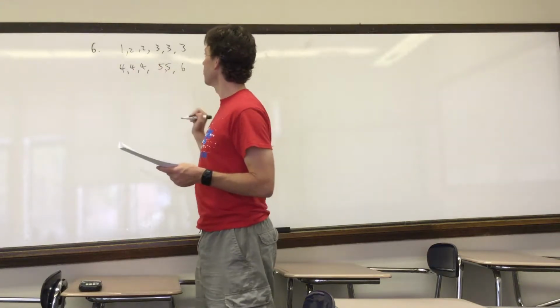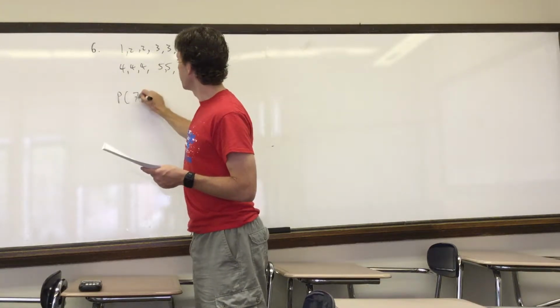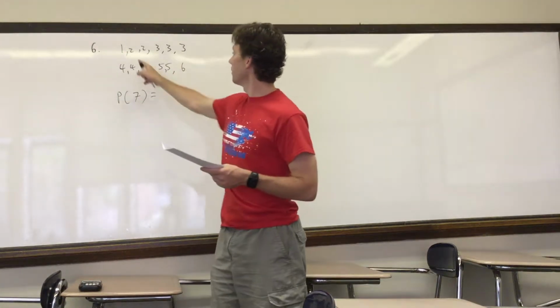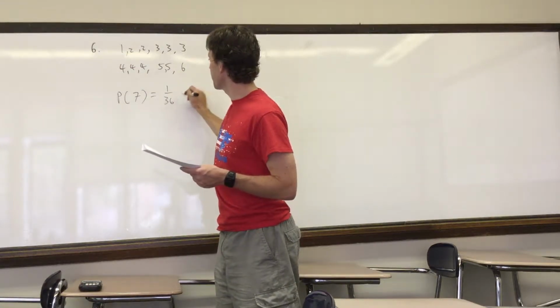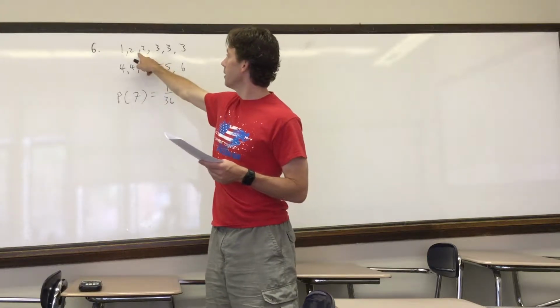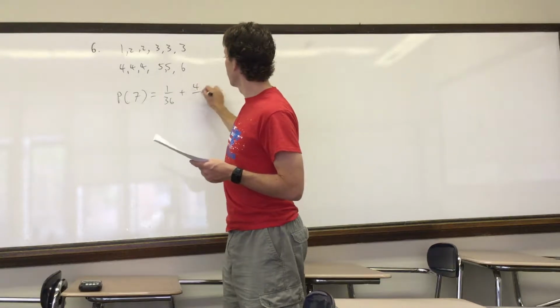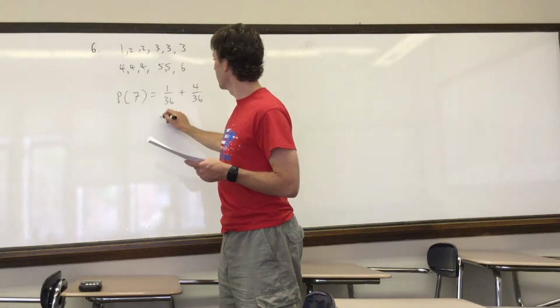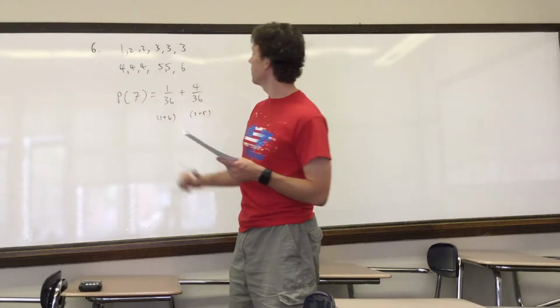Okay, so how can we get a 7? We can get a 1 and a 6, and there's only a 1 in 36 chance of that. We could get a 2 and a 5, and there's going to be 2 out of 6 times 2 out of 6, so 4 out of 36 chance of getting a 2 plus 5 result.